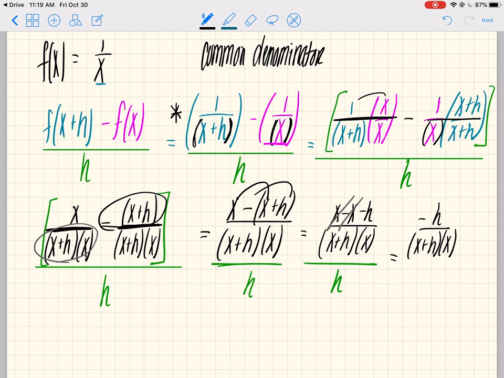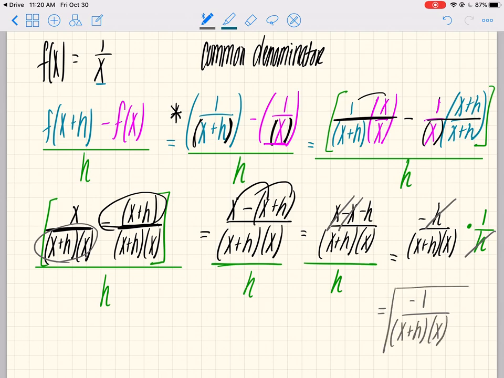Now, dividing by h is the same thing as multiplying times 1 over h. And that's what I want you to rewrite it as, just because when we have a fraction within a fraction and we're dividing it, this is actually the same thing as just writing times 1 over h. And the nice thing about that is that these h's are then going to divide out, and we're just left with a negative 1 in the numerator divided by x plus h times x.